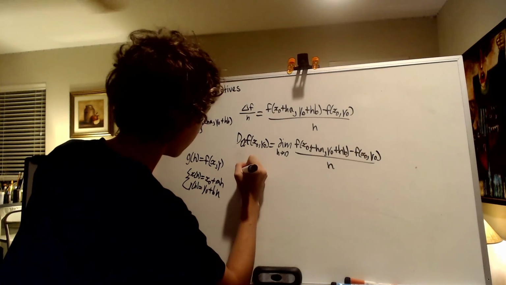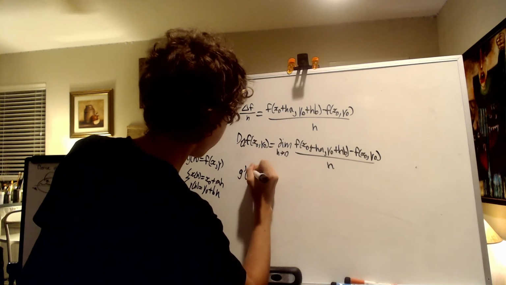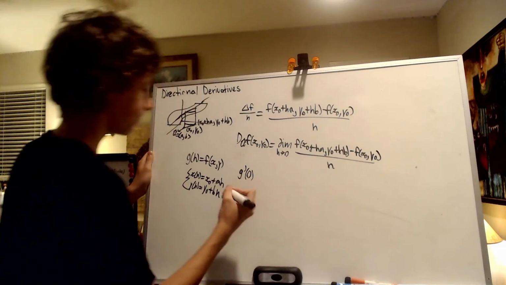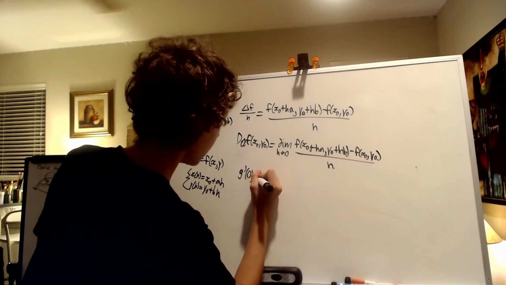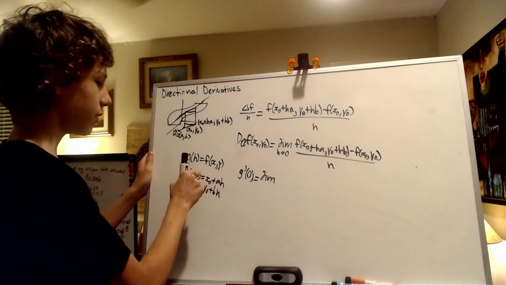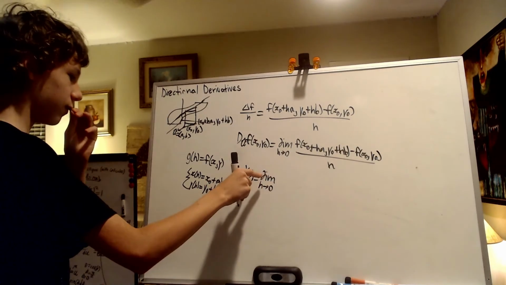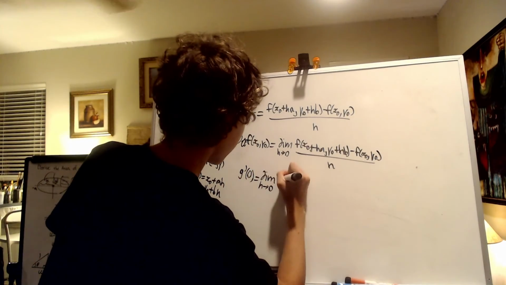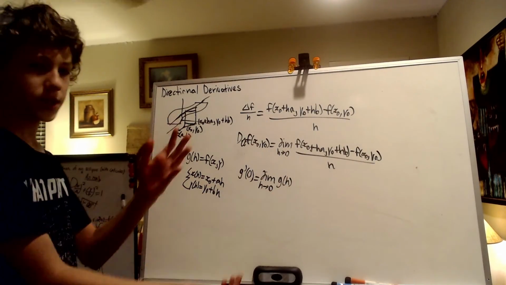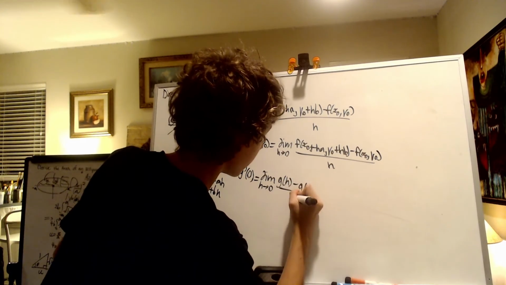So on one hand, g prime at 0, by definition, is equal to the limit as h goes to 0 of g of h, because we have 0 plus h, which is just h, minus g of 0, over h.